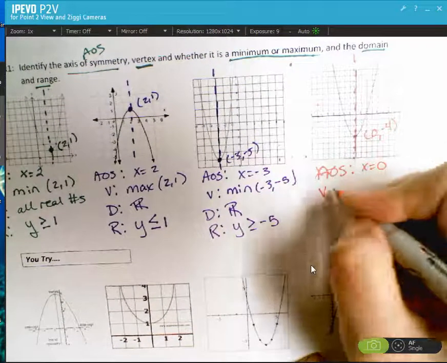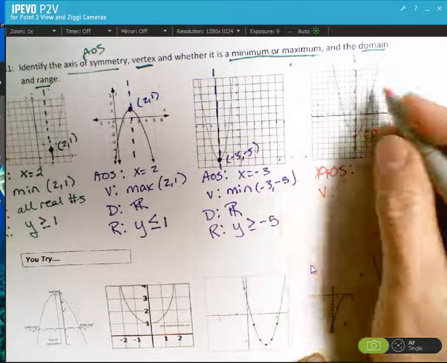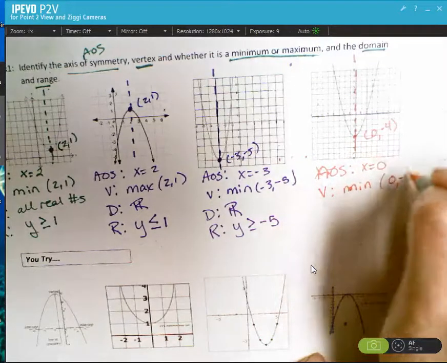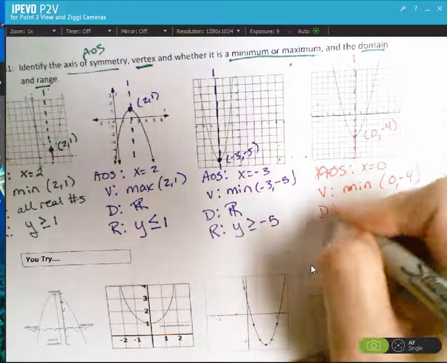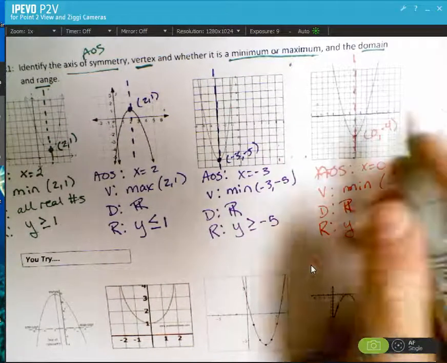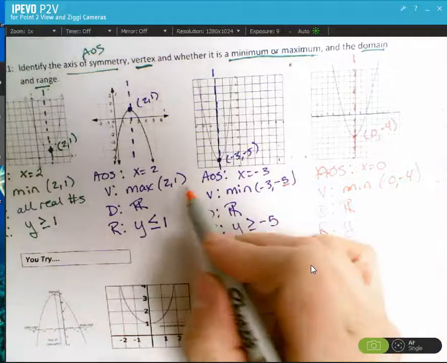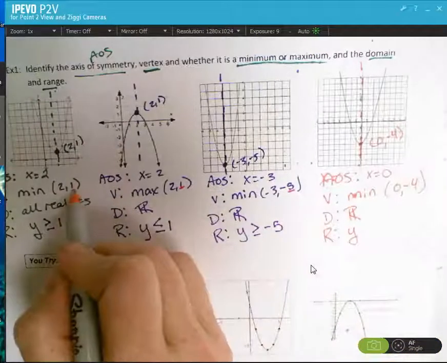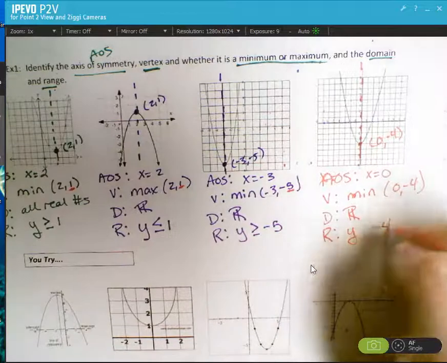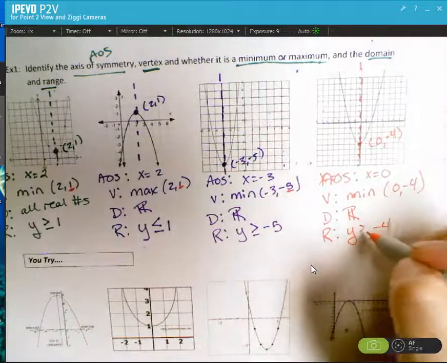My vertex is going down to a minimum and coming back up, so it's a minimum at (0, negative 4). My domain is all real numbers, and my range is y. What you're going to find is that your range is picked up right where your vertex point is anyway. So I know it's going to be negative 4, and I just have to decide if it's above or below negative 4.